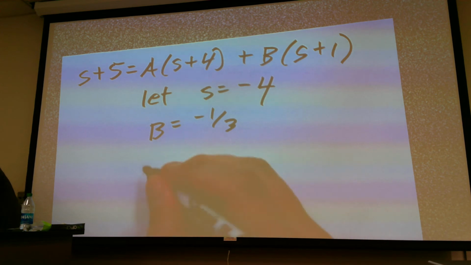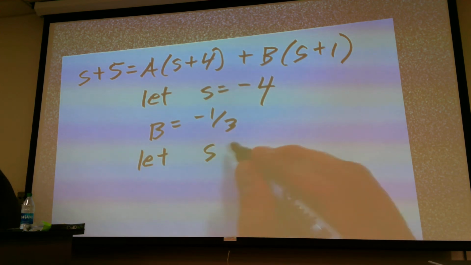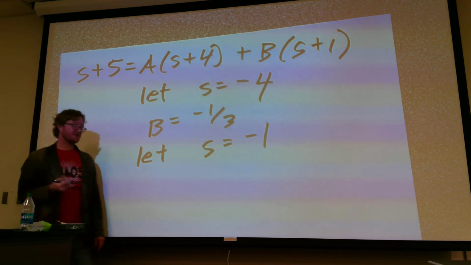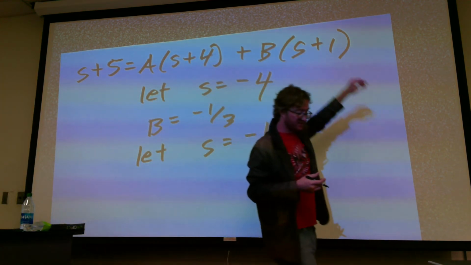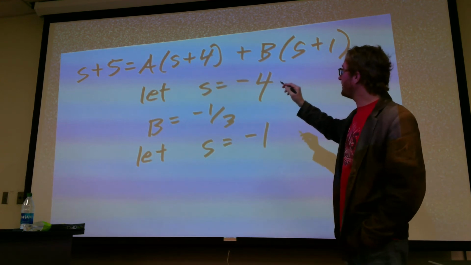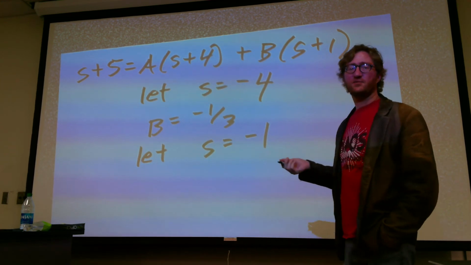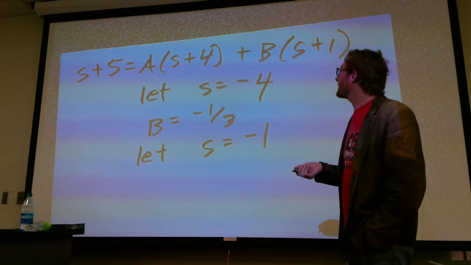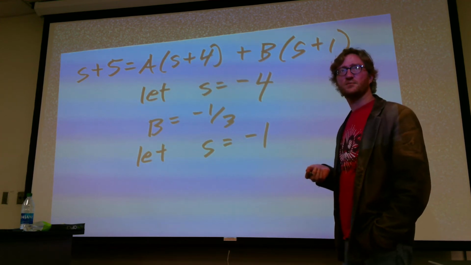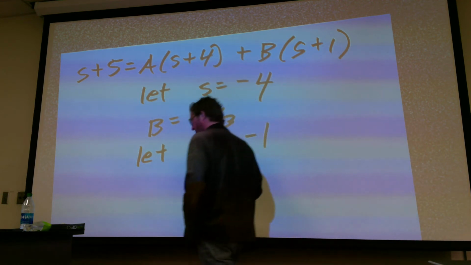Okay? Then I can say let s equal -1. When I let s equal -1, the term involving B completely disappears. And so we have A, which is -1 plus 4, right? -1 plus 4 is going to be 3. All right, and then s plus 5 is going to be -1 plus 5, and that's going to be 4. So it comes out to be 4 divided by 3.